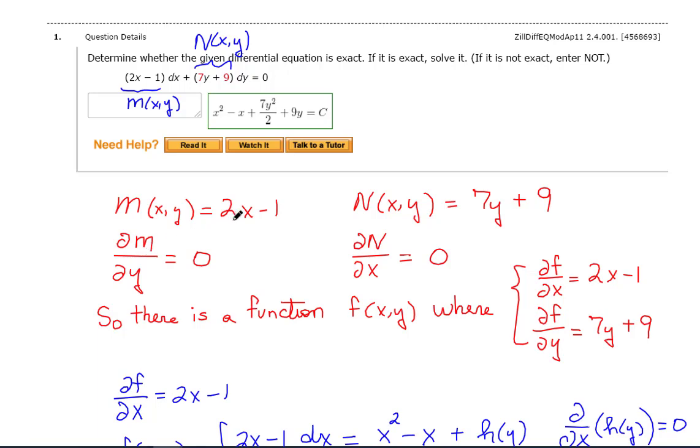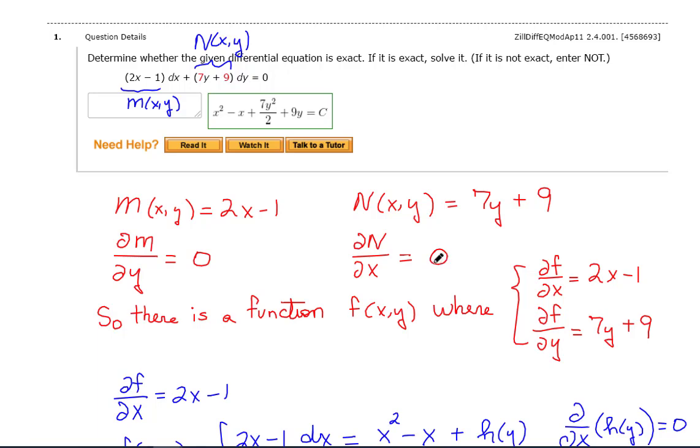Well, since there are no y's in there, all x's are constant, and that derivative is 0. N of x and y is 7y plus 9, and I need the derivative of N with respect to x. But since there are no x's in there, that derivative is also 0.